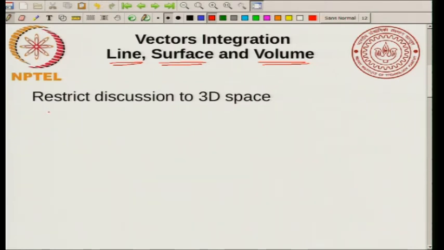So, what do we want to do? As usual, you have done things like integrating over some variable from limits a to b of some function of x. This is something you are familiar with.